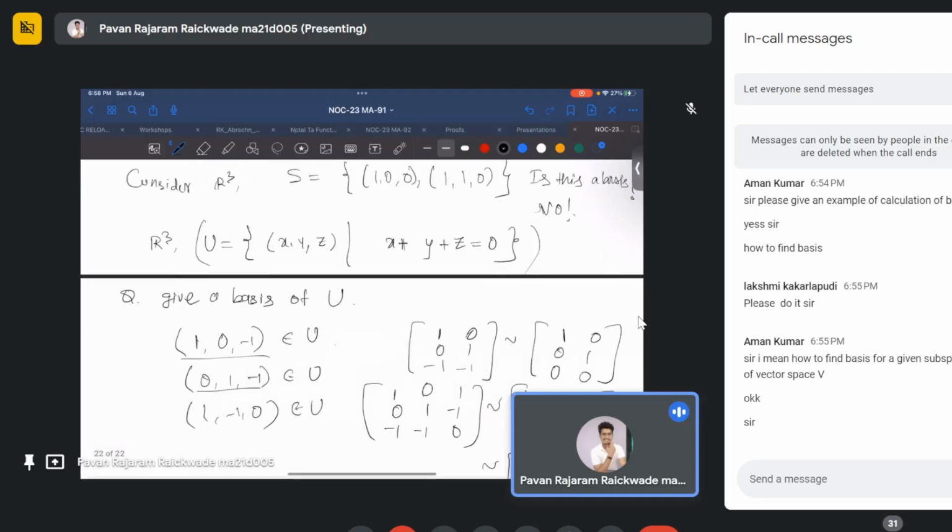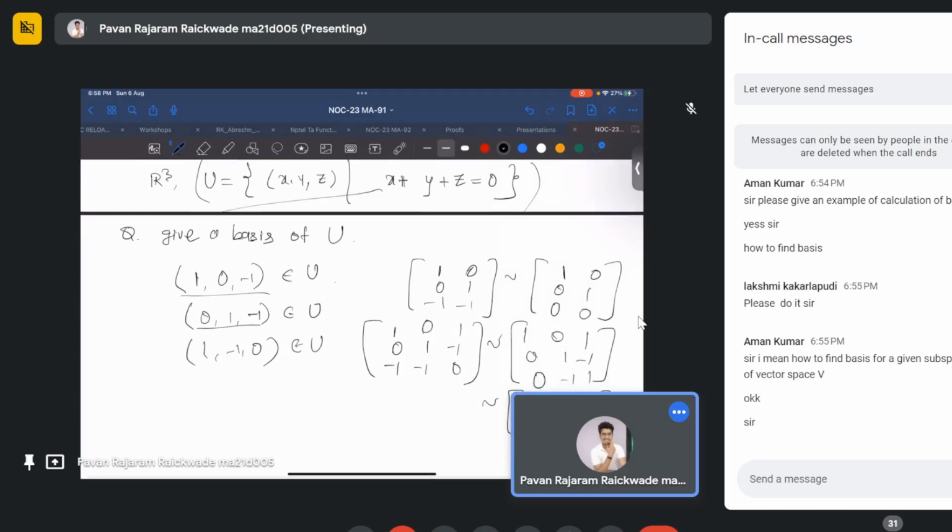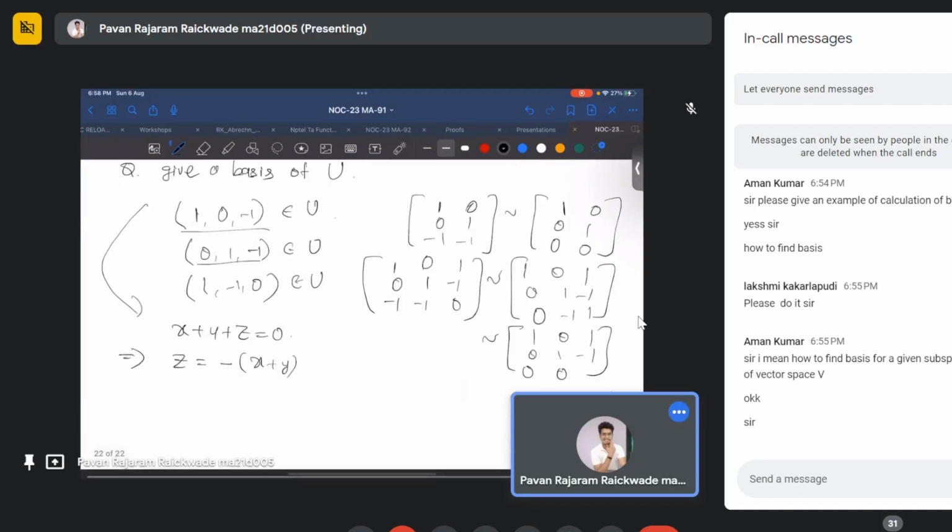The other way to do it is to see how elements in the vector space look. x plus y plus z equals 0. That means you can write the third coordinate as the negative of the sum of the first two.